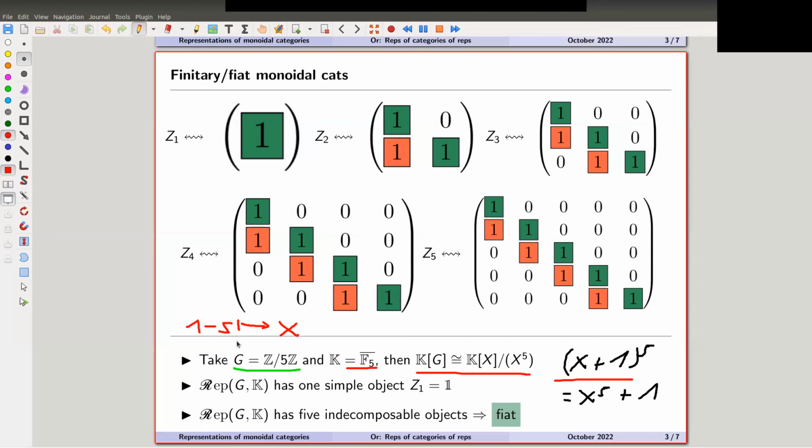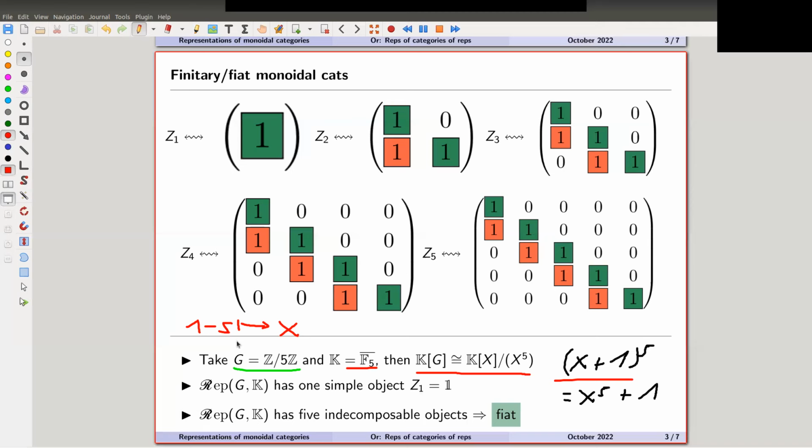In contrast, this has just 1 simple representation, namely the first one, because you have exactly 1 fifth root of unity, the trivial fifth root of unity, 1. But you have 4 other non-trivial Jordan blocks, and the Jordan blocks correspond to the indecomposables. That's how I would like you to think about the difference between the simples and the indecomposables.